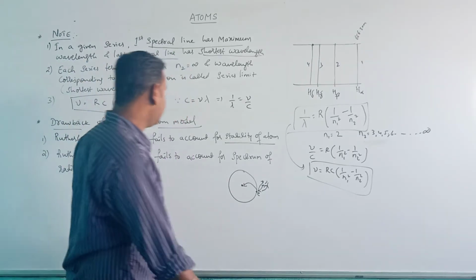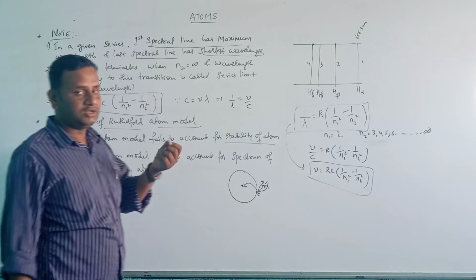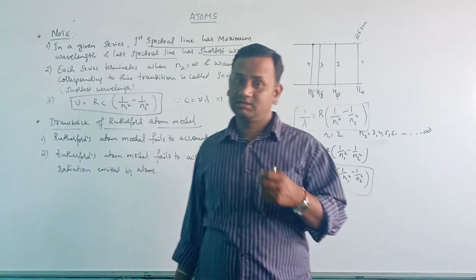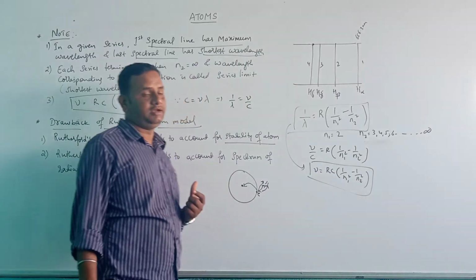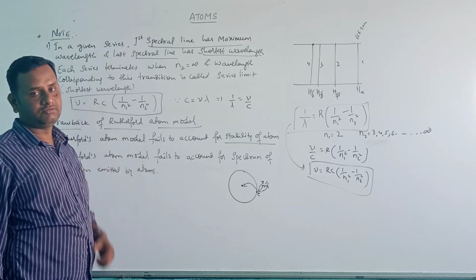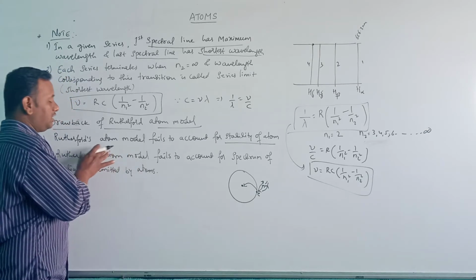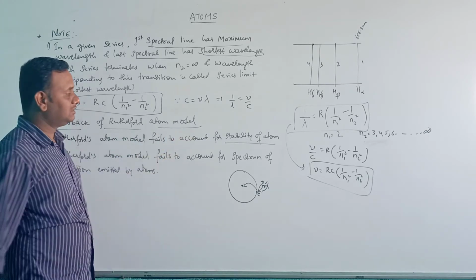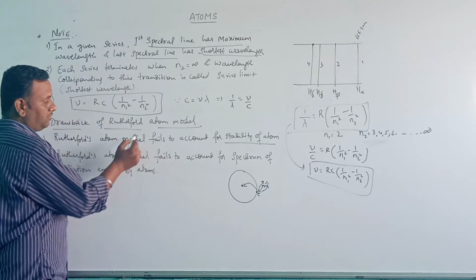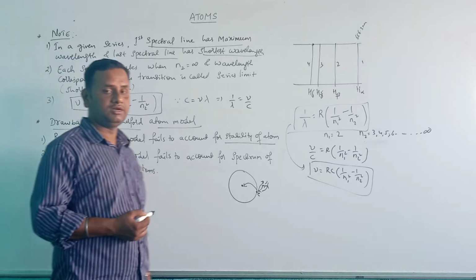So that is what he says, that no such atom is stable. This point he did not explain. That is the drawback of the Rutherford atom model. He could not explain the stability of the atom.